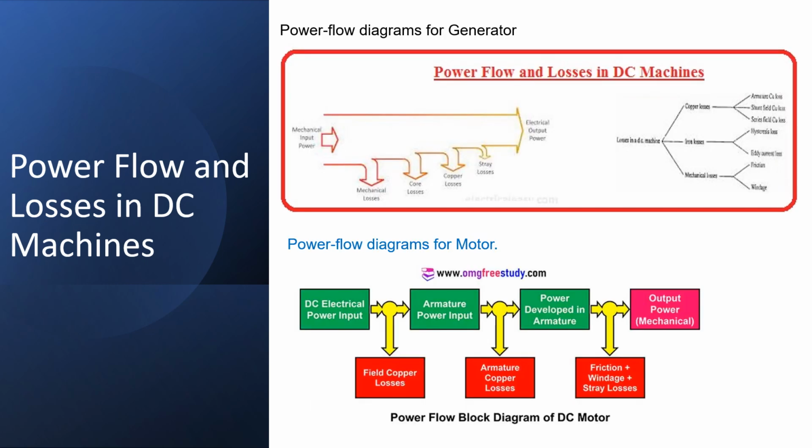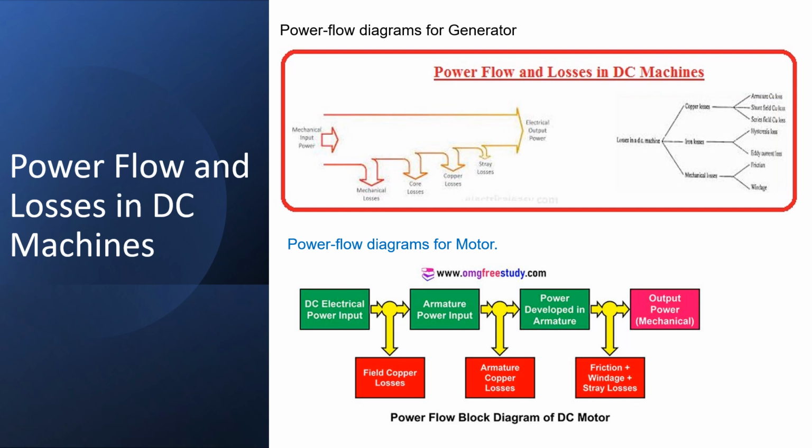And for the power flow diagram, we have the power flow for the DC generator and the power flow for the DC motor. For the DC generator, we have the mechanical input power.